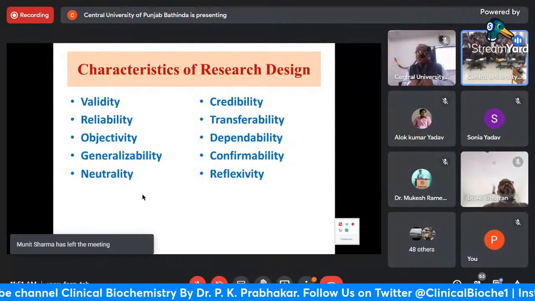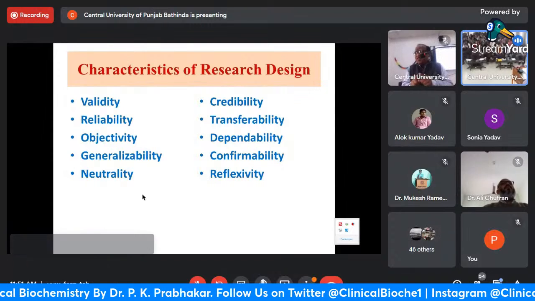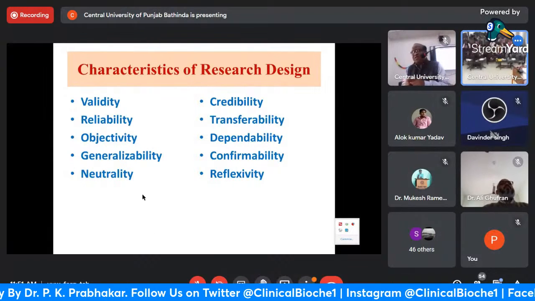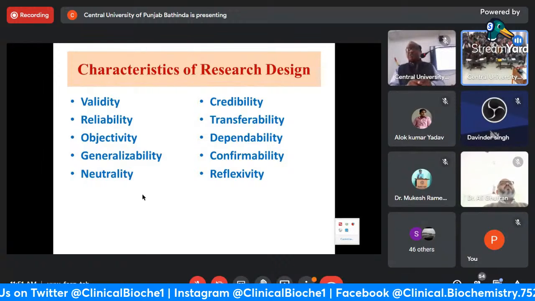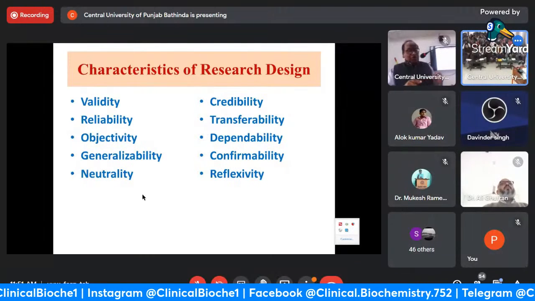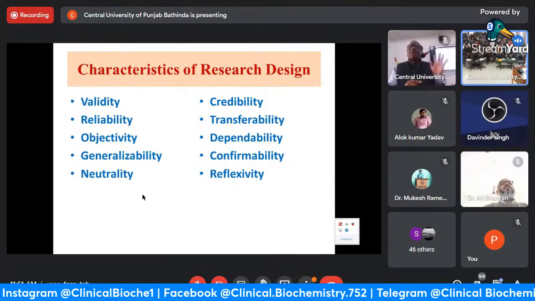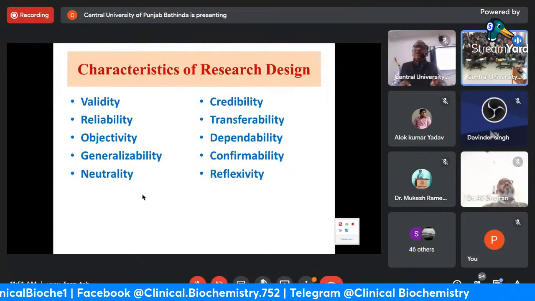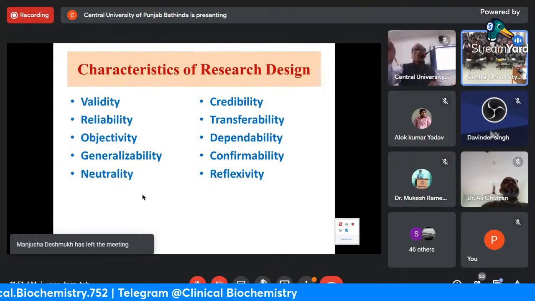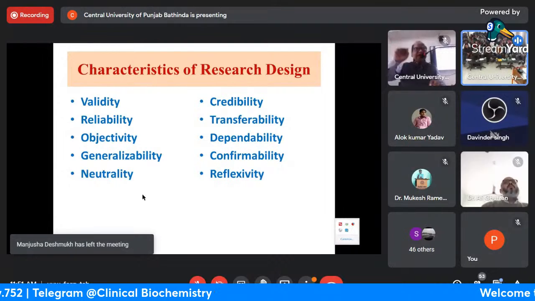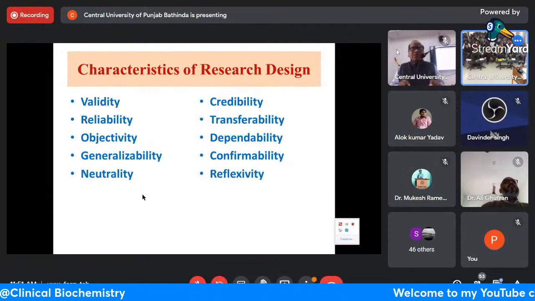But so far as the qualitative aspect is concerned, statistically we cannot establish the validity, reliability, or credibility and all those things. So here there are different ways. Suppose credibility, we'll talk about credibility. What is credibility? To what extent are the findings credible? To what extent can we believe those findings?